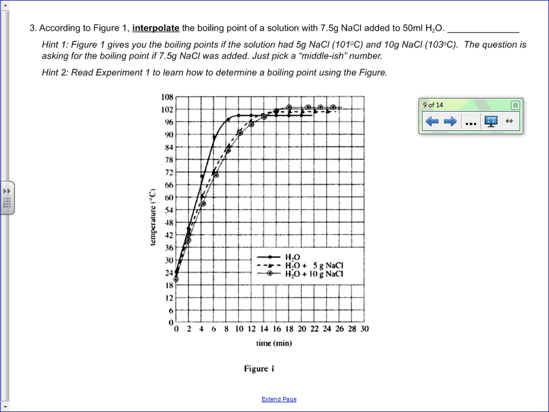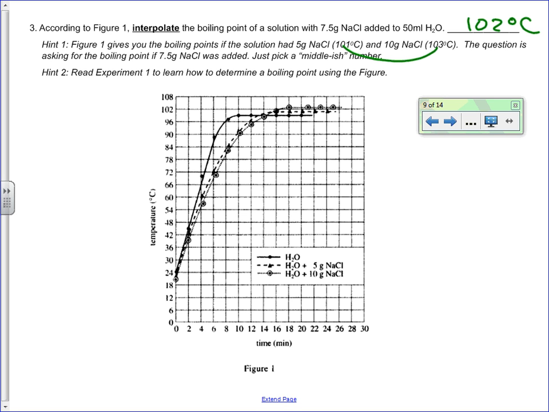Well, we used the first hint for number 3, that it said 5 grams of NaCl had 101 degrees Celsius as the boiling point, and for 10 grams of NaCl, it reached 103 degrees Celsius. So we added those up, we got 204, and divided that by 2, and we got 102 degrees Celsius. Excellent. So looking for that midpoint, what's between 101 and 103? Well, that would be 102.